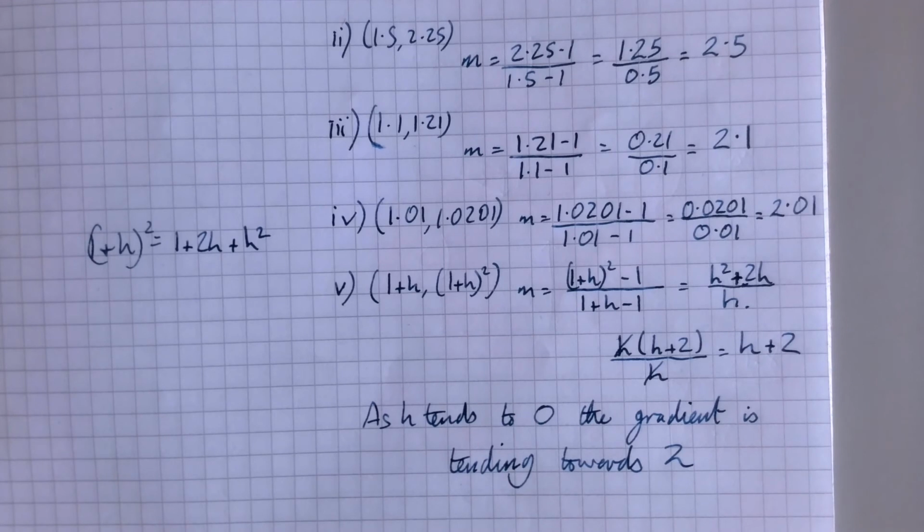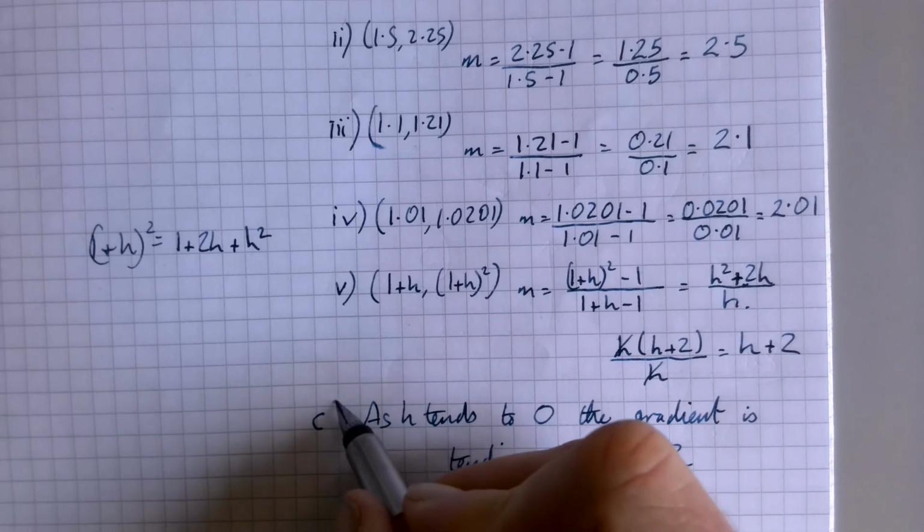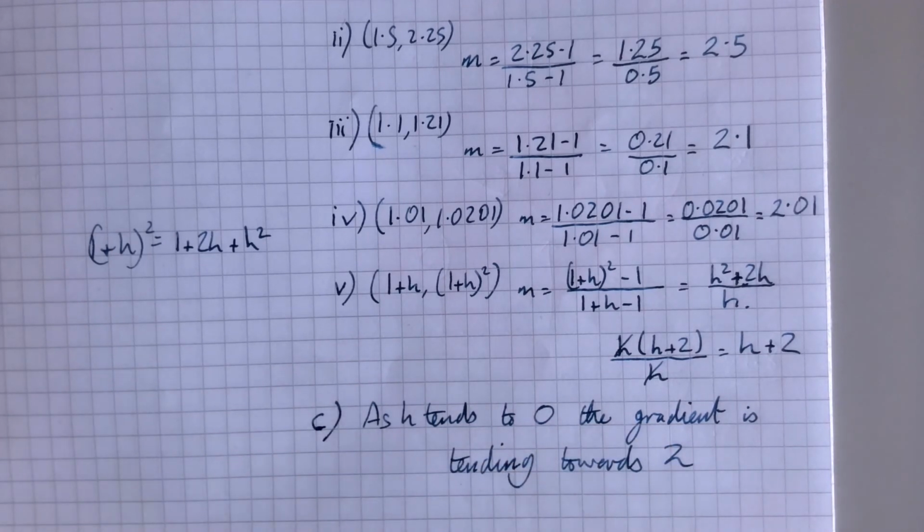And if you look at question C on the example, it asks you to comment on the relationship between your answers to parts A and B, so these answers in here, and that comment is actually what I've just written there. As h tends to 0, the gradient is tending towards 2.